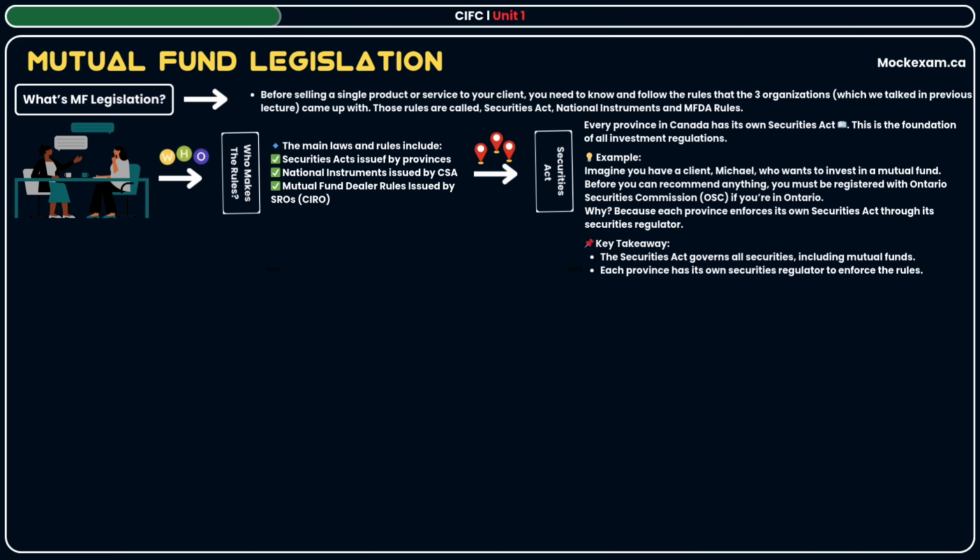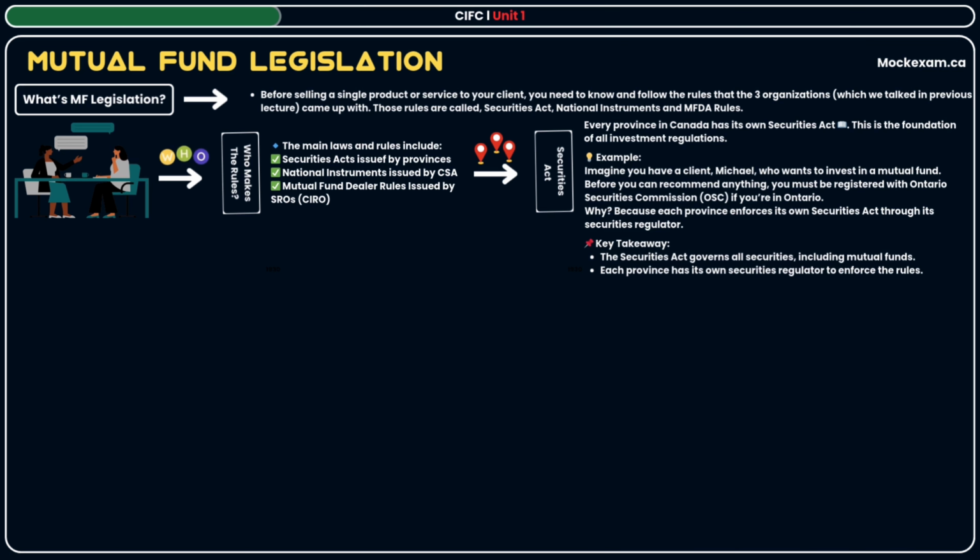Or what does this national instrument include? I mean, you don't need to memorize them, of course, but you have to have an idea. Okay, here. Let's get into five of the most important national instruments about the mutual fund industry.